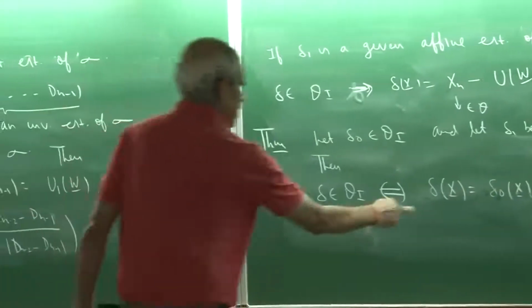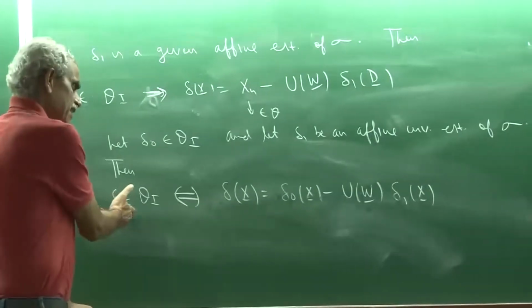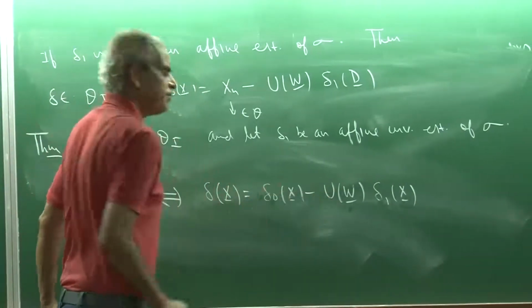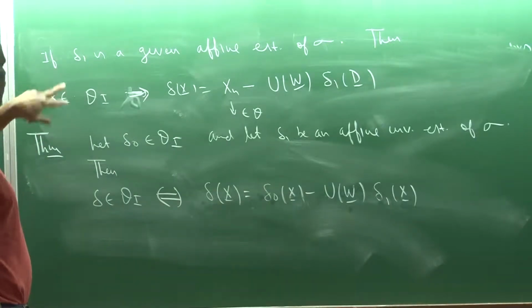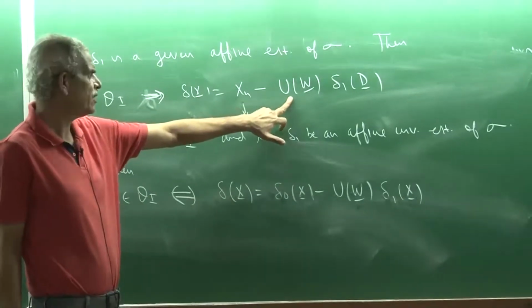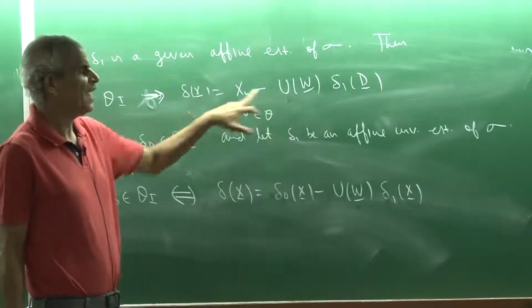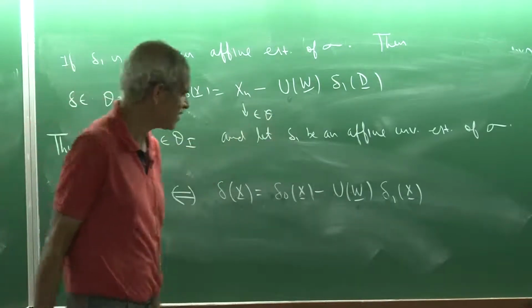So any estimator of this type is invariant. And you have shown that any invariant estimator would be of this type. Why? That you can prove because delta naught is given to be invariant, so delta would be of this type, delta naught. Delta 1 would also be of this type, and then you can just prove it.